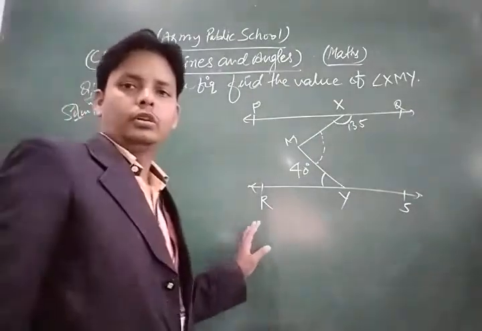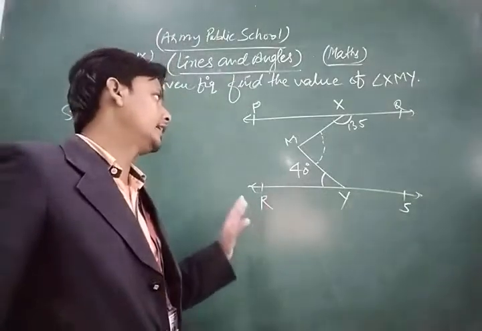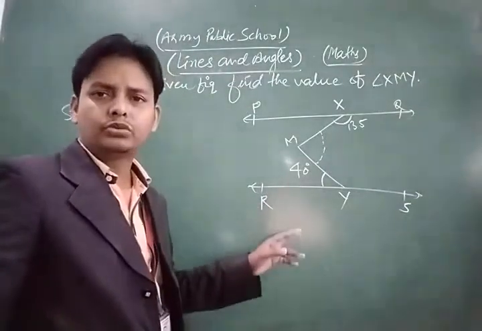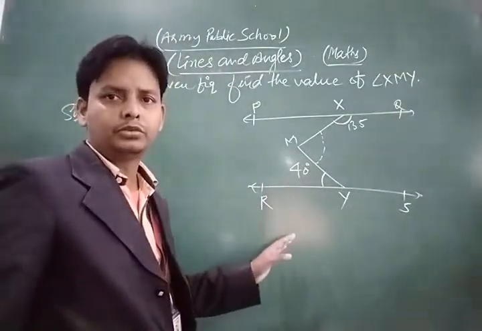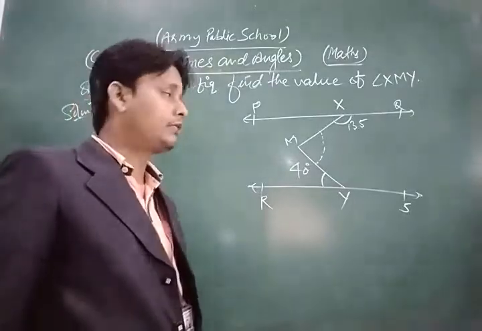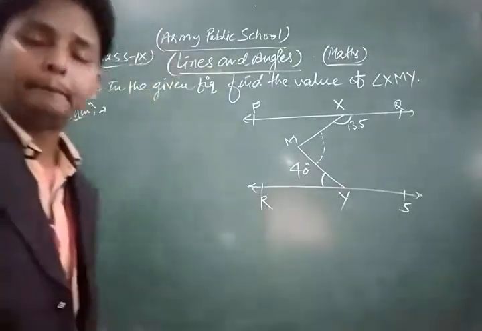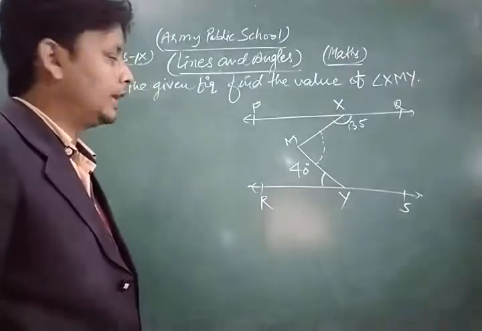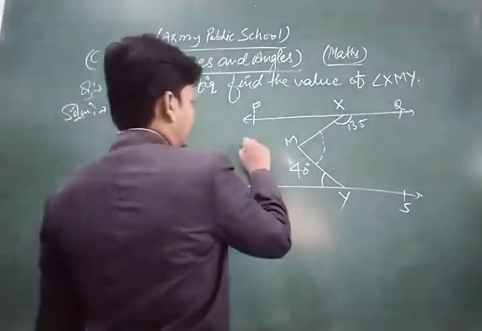Dear friends, first of all, for finding the value of angle x and y, we have to do some construction here. The construction is we draw a line through M which is parallel to PQ and RS respectively.